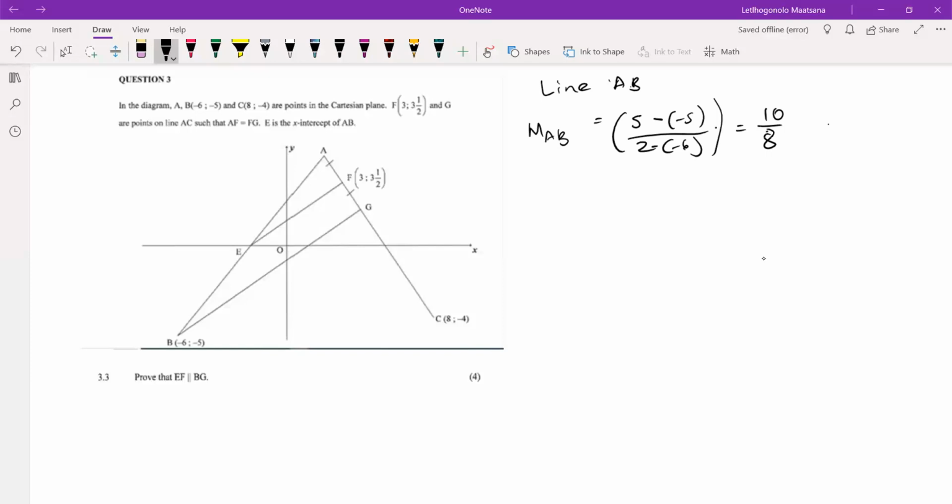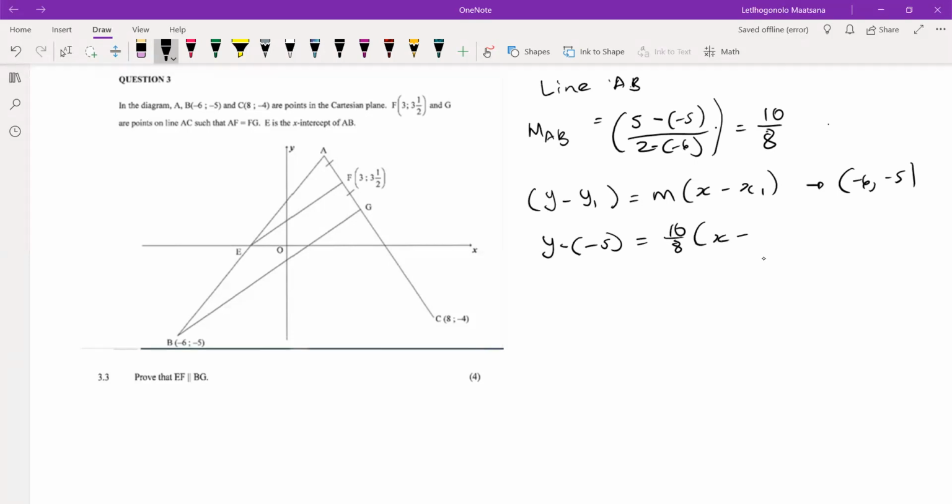And then we have the equation that says y minus y1 is equal to the gradient times x minus x1. We will substitute in here the point (-6, -5), and we'll end up with y minus 5 is equal to 10 over 8.